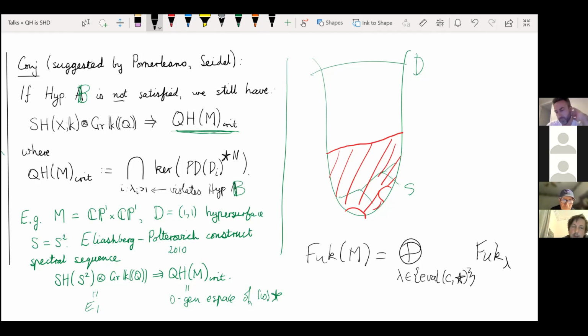Roughly speaking, it suggests that Fuk0 lives on the skeleton, but the other components of the Fukaya category may be generated by some other Lagrangians.